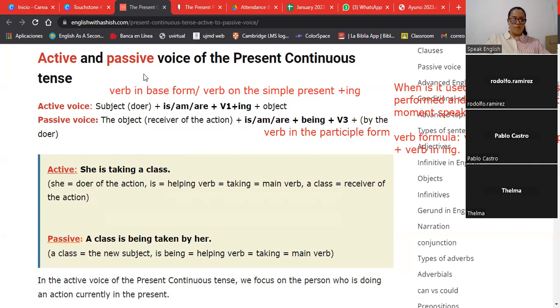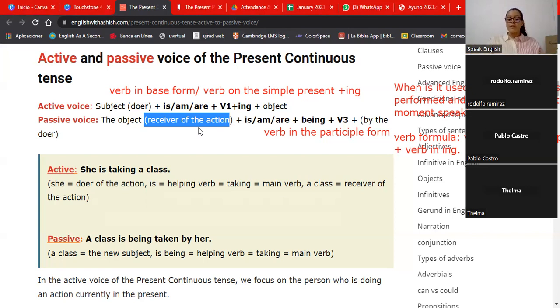In the object. That the object is? The receiver of the action. So we change roles, right? We don't focus on the doer, the person who does the action, but we focus on the receiver. Is this information clear? It is clear, yes.